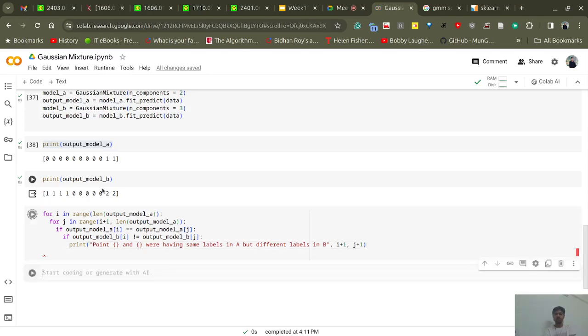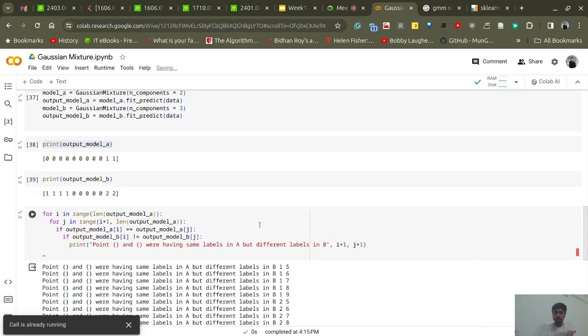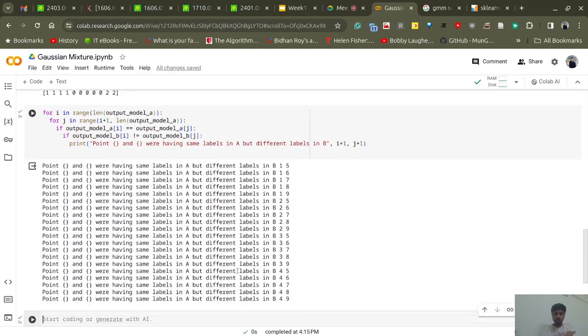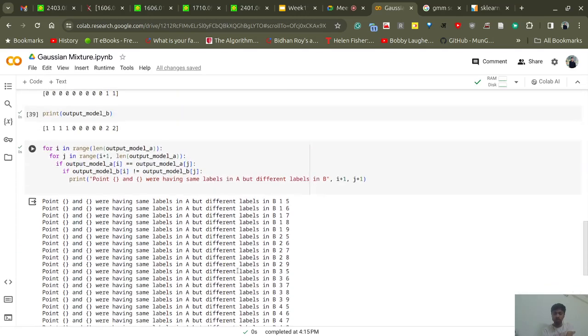Because we are using index, that is why I have written I plus 1, J plus 1. So way too many points are having this kind of properties.